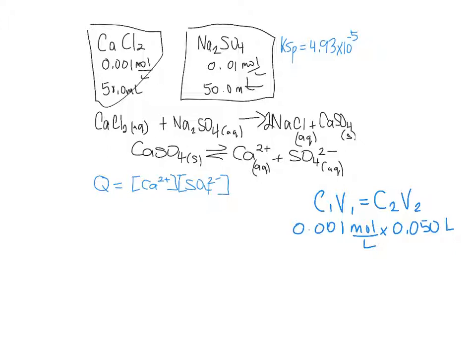What is my new volume? Nope. I had 50 milliliters and I added another 50 milliliters. I've got 100 milliliters. So if I divide this by the second volume, I've got my concentration of calcium afterwards.